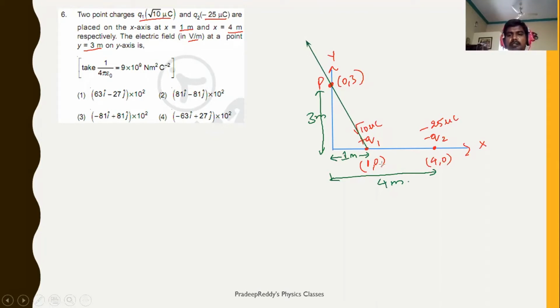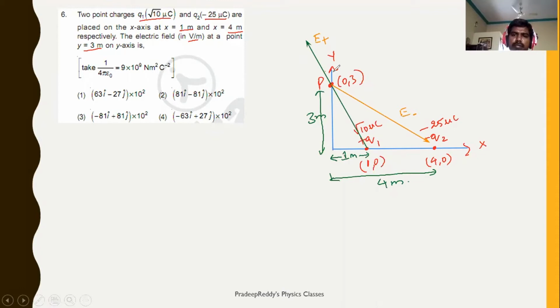As it is a positive charge, the field will be directed outward. The other one is a negative charge. The field because of the negative charge will be in this direction, because it is negative, the field is directed inward. This is E1 or E plus, and this is E minus.